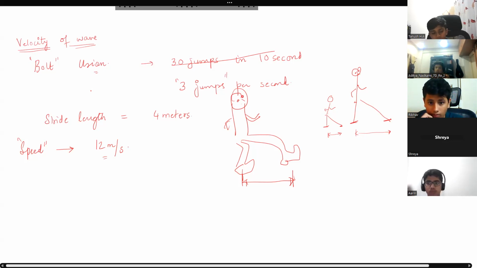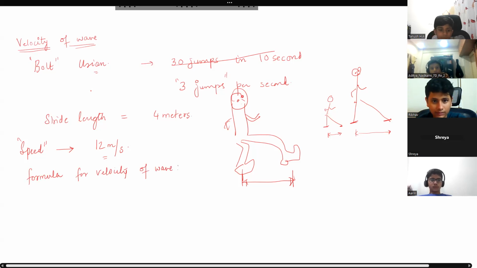Okay. So with this example, can you tell me what will be the formula for velocity? Velocity of wave. Distance by time. That we all know. Not that. Velocity is frequency into lambda, isn't it?